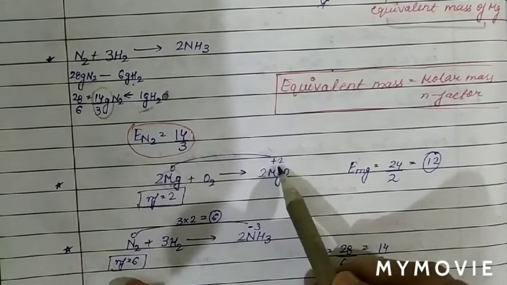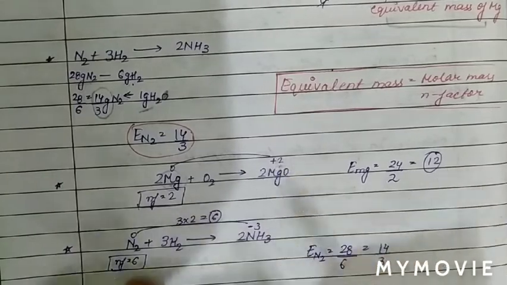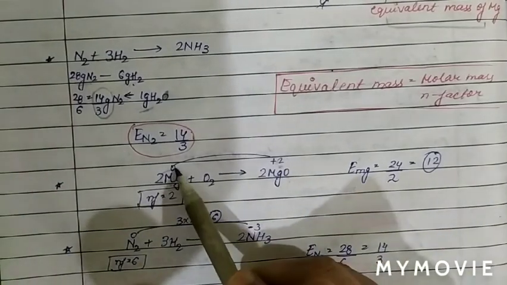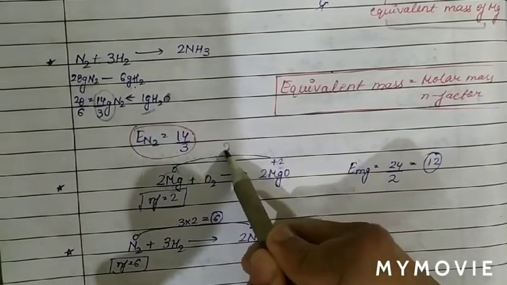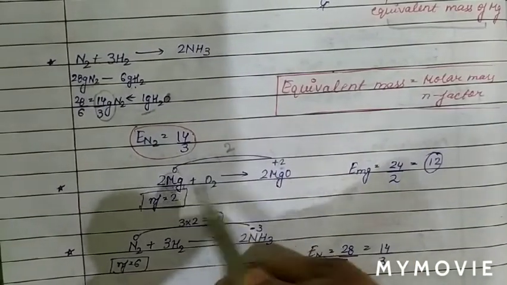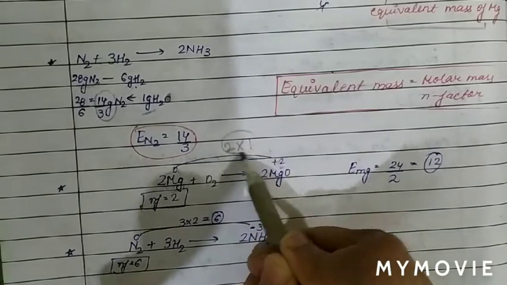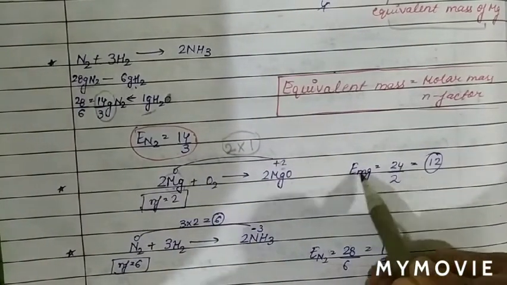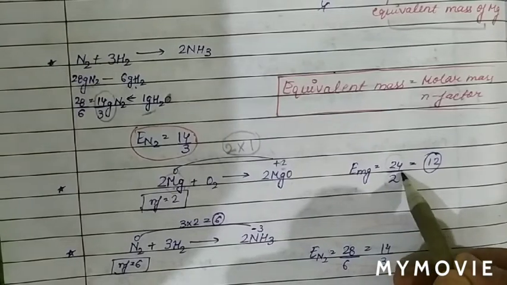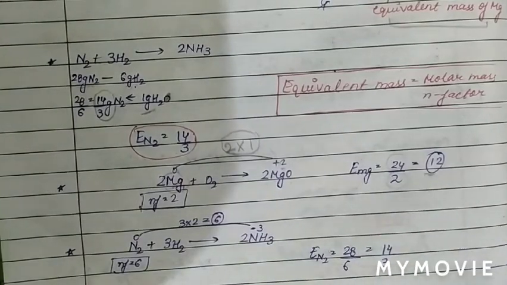When magnesium combined with oxygen, oxidation number is +2. As we can see, change in oxidation number from 0 to 2. So basically change in oxidation number of 2. And how many magnesium atoms are there? 1. So N factor for magnesium is 2. So equivalent mass is atomic mass divided by N factor. So 24/2 equal to 12.